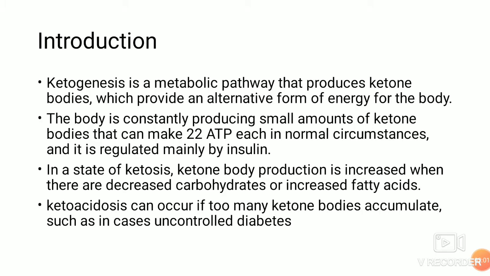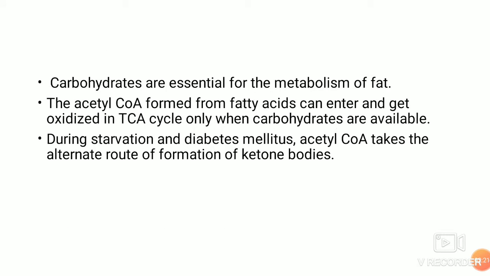But when you have reduced carbohydrate stores, significantly reduced because of some situation, and then you have more fatty acids in the blood, then there is production of more of what are called ketone bodies, or upregulation of the ketogenic pathway. The conditions that cause this are type 1 diabetes, alcoholism, and starvation.